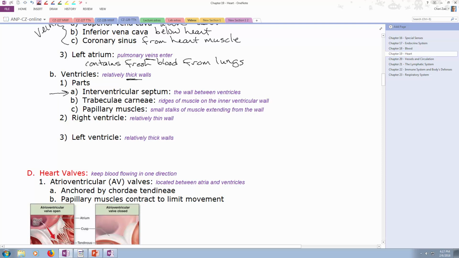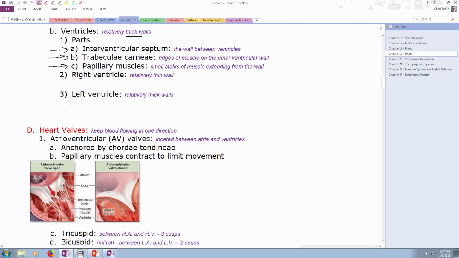On the inside also you see trabeculae carneae, that is actually the ridged appearance to the inner lining of our ventricles. And also you will see papillary muscles. And those are protrusions from the ventricular wall that have chordae tendineae attached to them, which are then attached to the valve leaflets. And so those are also structures that we find on both sides.